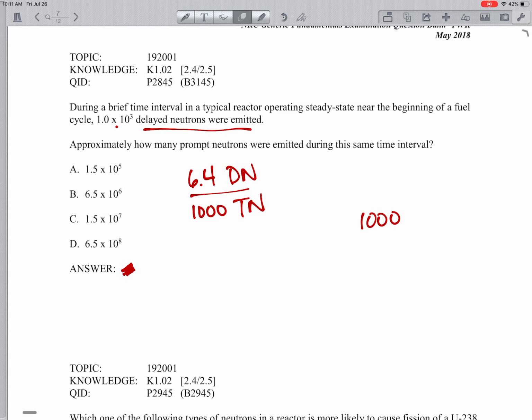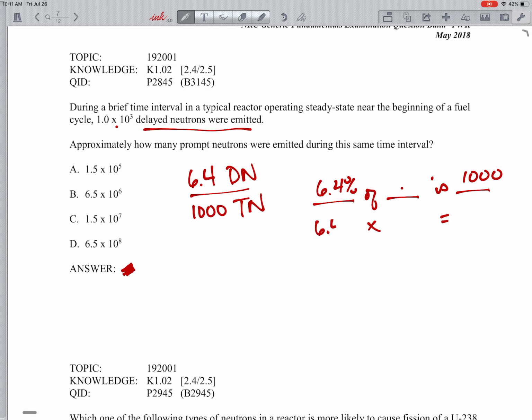This is the way I learned this in middle school. Blank of blank is blank. So we're going to go, 6.4% of some number is 1,000. Okay? 6.4 times blank is 1,000.